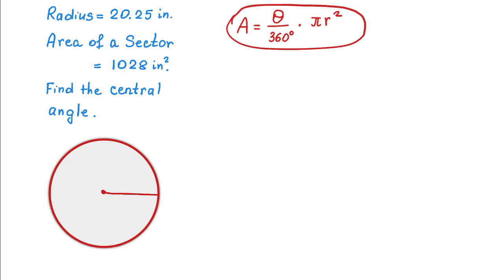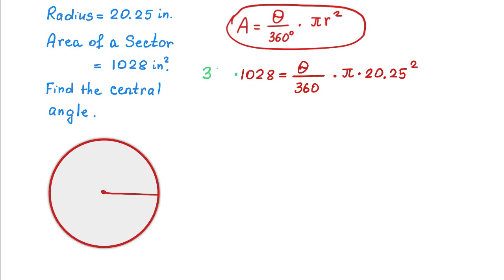In this formula, we will replace A with 1028 and r with 20.25 and we will solve it for theta. So in place of A, let's write 1028 equals theta divided by 360 multiplied by pi, and in place of r, 20.25 squared. Let's multiply both sides by 360 to remove the fraction.